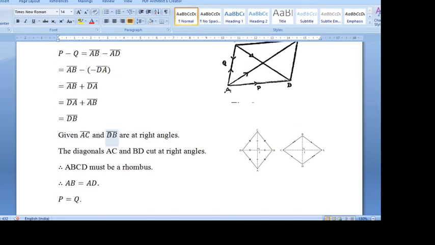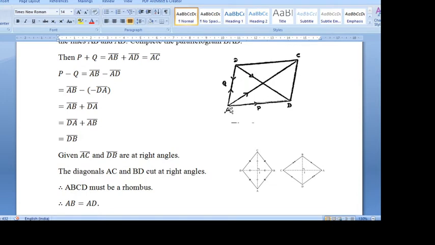Therefore, AC and DB are at right angles. Therefore, the diagonals AC and BD cut at right angles.